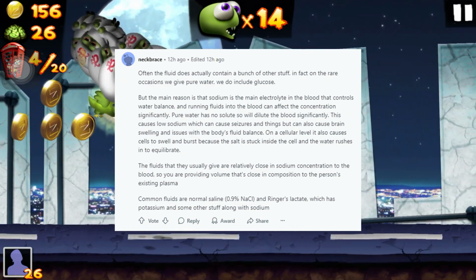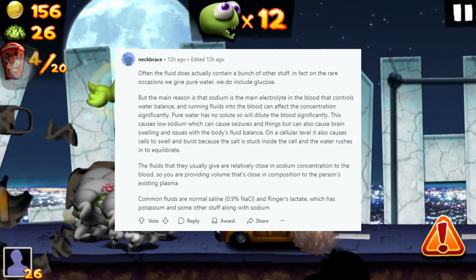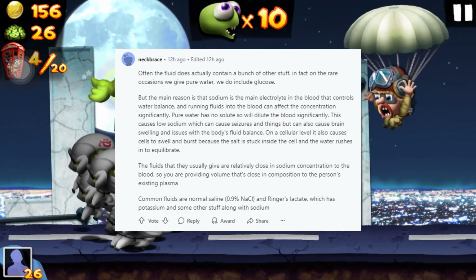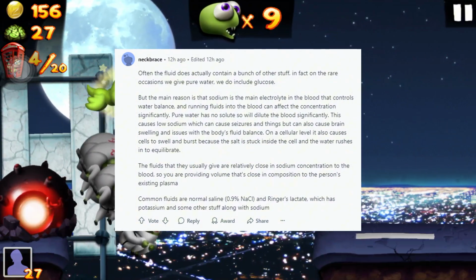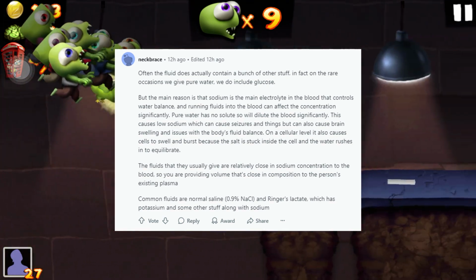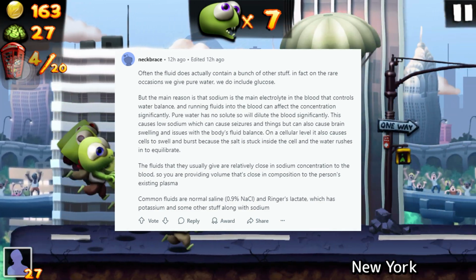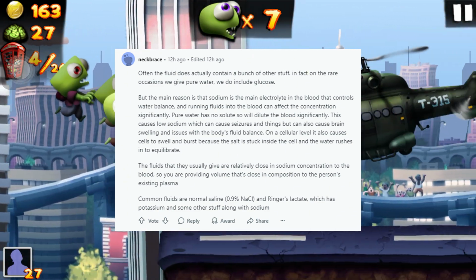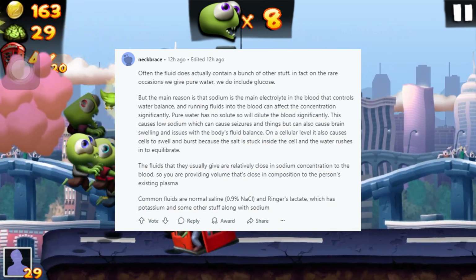On a cellular level, it also causes cells to swell and burst because the salt is stuck inside the cell and the water rushes in to equilibrate. The fluids that they usually give are relatively close in sodium concentration to the blood. So you are providing volume that's close in composition to the person's existing plasma. Common fluids are normal saline, 0.9% NaCl, and Ringer's lactate, which has potassium and some other stuff along with sodium.